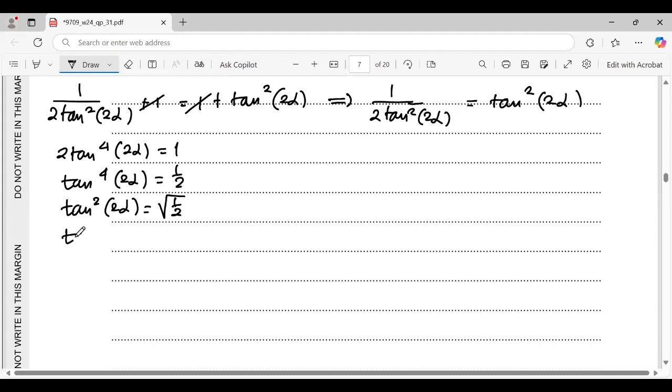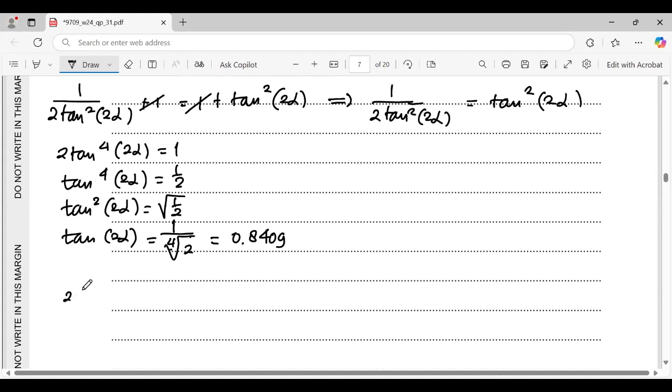So tangent 2 alpha equals 1 over the fourth root of 2. If you calculate this, the result is 0.8409.